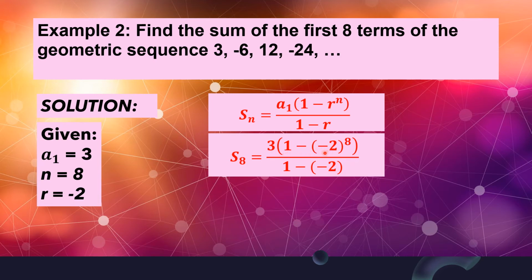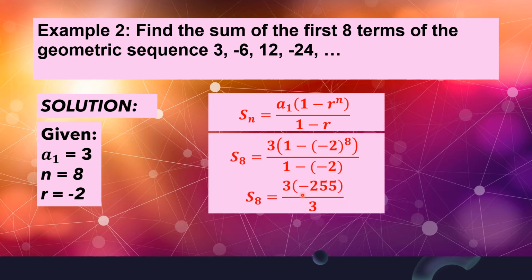Our r is negative 2, raised to n, which is 8, all over 1 minus our r, which is negative 2. Simplifying this, 1 minus negative 2 raised to 8 is equal to negative 255. 1 minus negative 2 is positive 3.